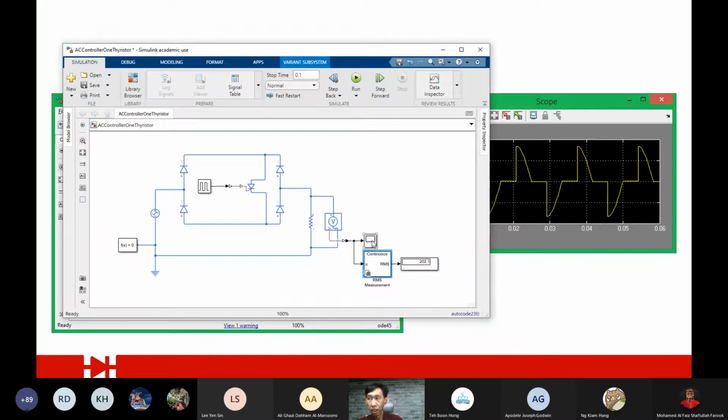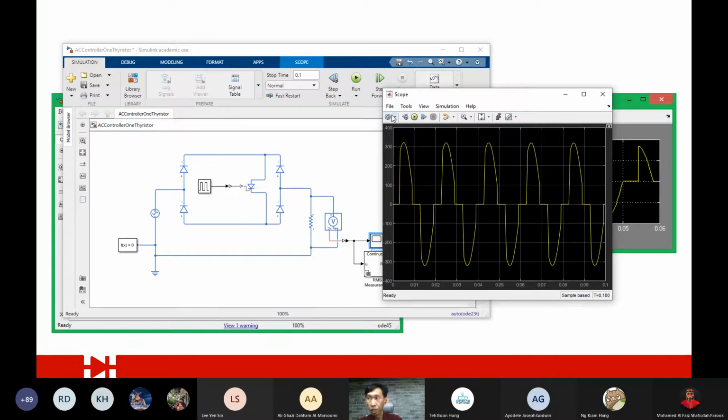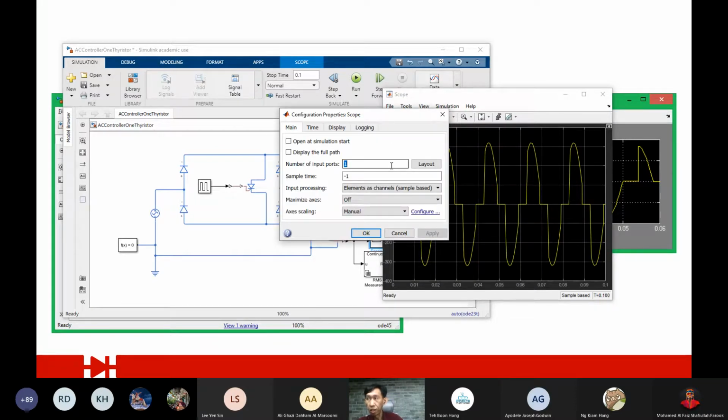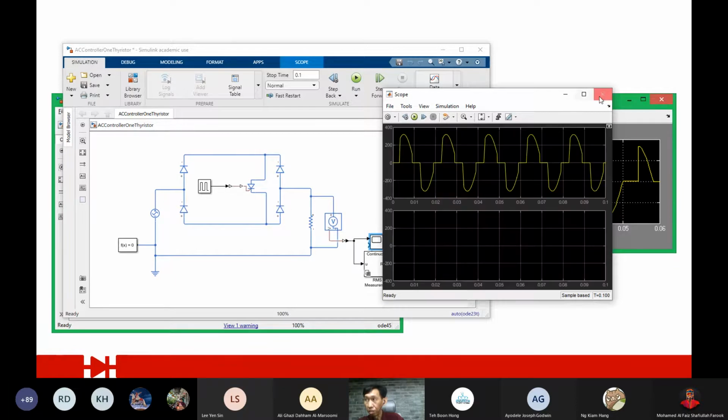So if you want to see whether this is really firing correctly, very simple. You just make the scope into 2 scopes. Then you see the pulse and the scope, and you can see much more clearly. Then you change this to 2. For example, you change this one into 2. Usually I will do that.